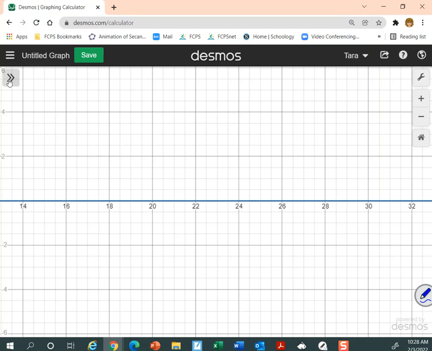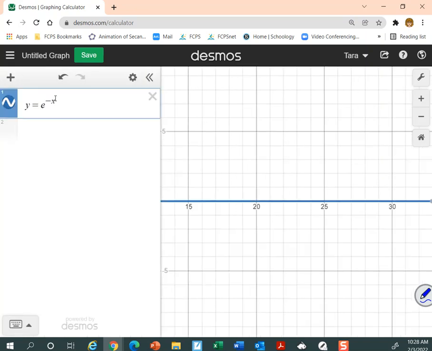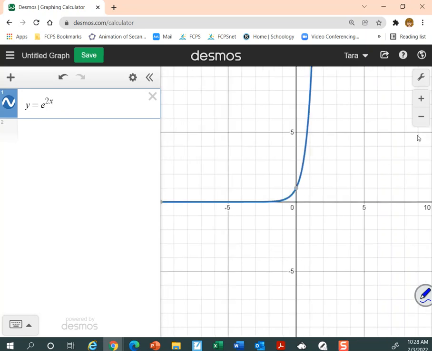No matter what I do up in that exponent, however I turn that exponent around and do whatever to that exponent, it's still not going to go under the x-axis. e to any power never equals 0 or goes through the x-axis to become negative.